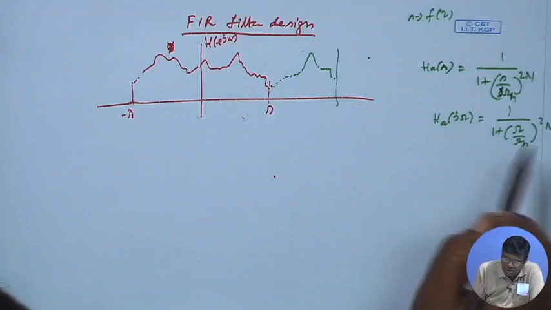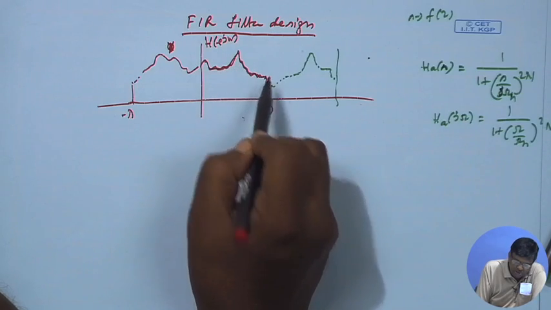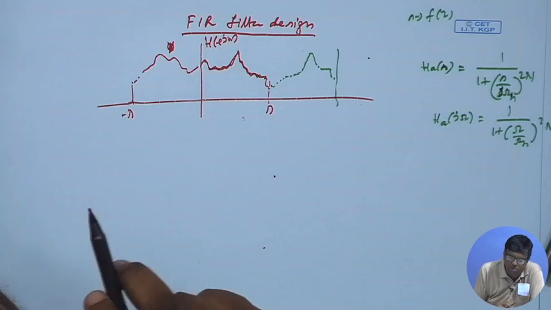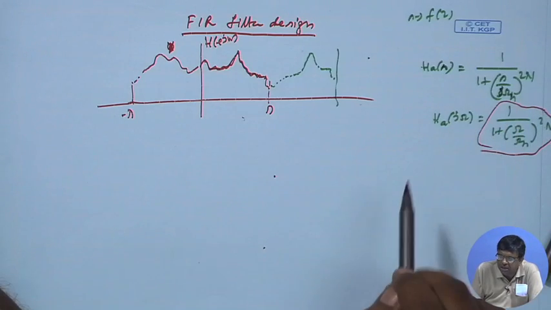Now, you see, if you have got a very arbitrary kind of response and you want to design a filter whose frequencies will be like that, you can never match it by very nice functions like this.